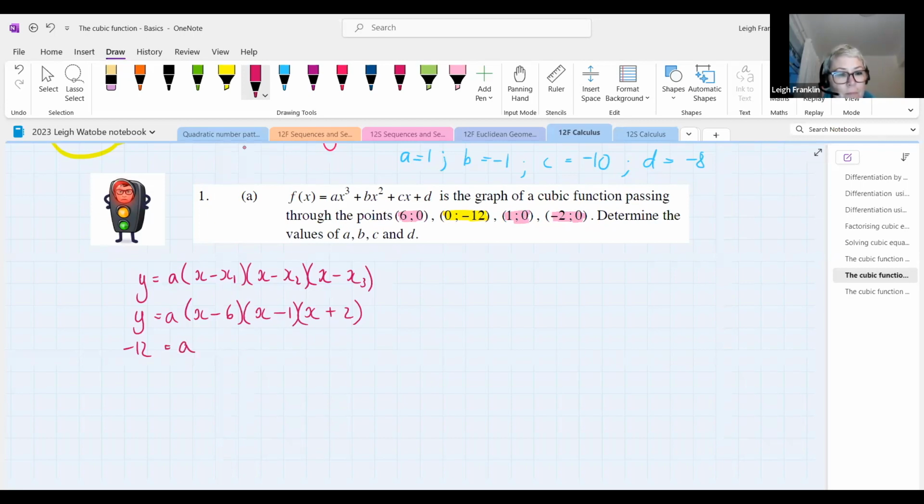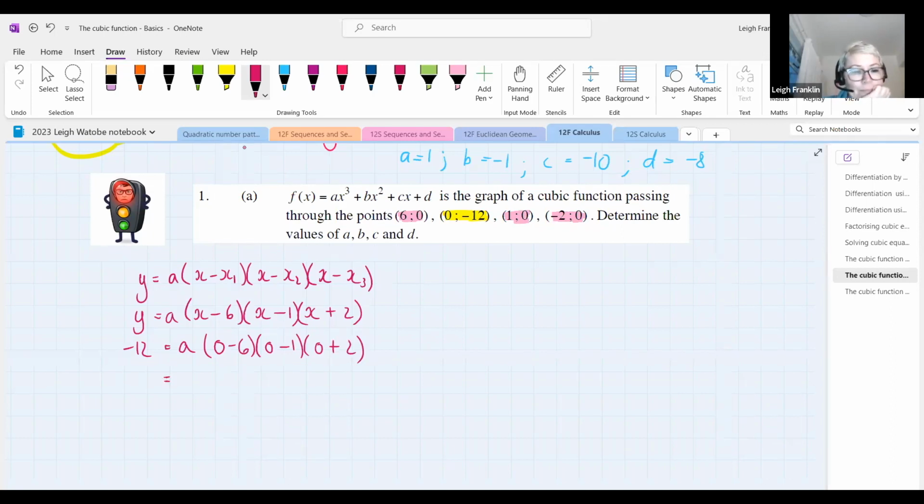Equals a, and then 0 minus 6. Good. 0 minus 1. Lovely. And then 0 plus 2. Good. That's great. Well done. Brilliant. Keep going. This is lovely.